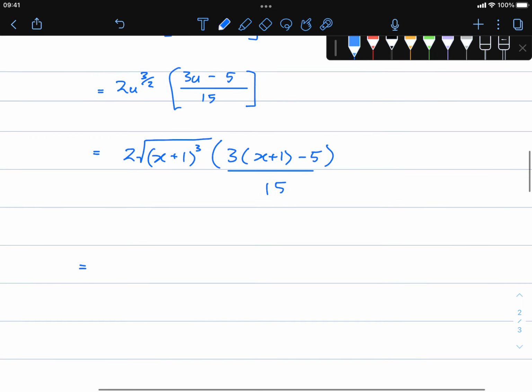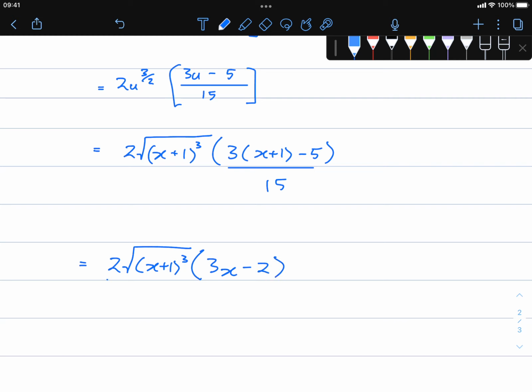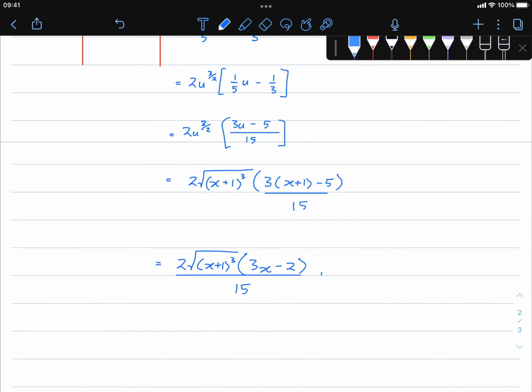And bringing everything into one fraction, this becomes 3x, this becomes 3 minus 5, so it becomes 2 times x plus 1 cubed times 3x minus 2, all over 15. Oh, and plus c.